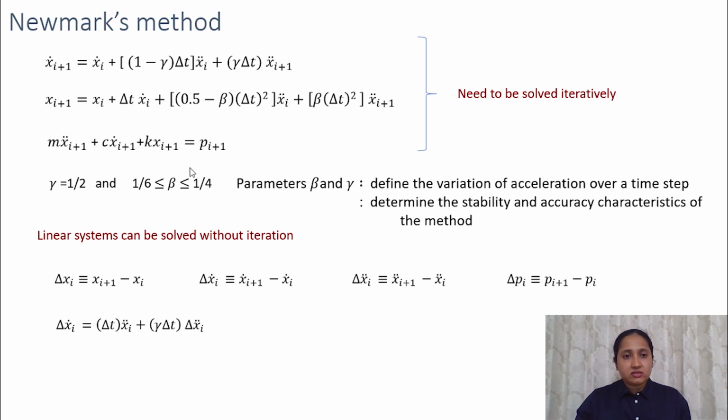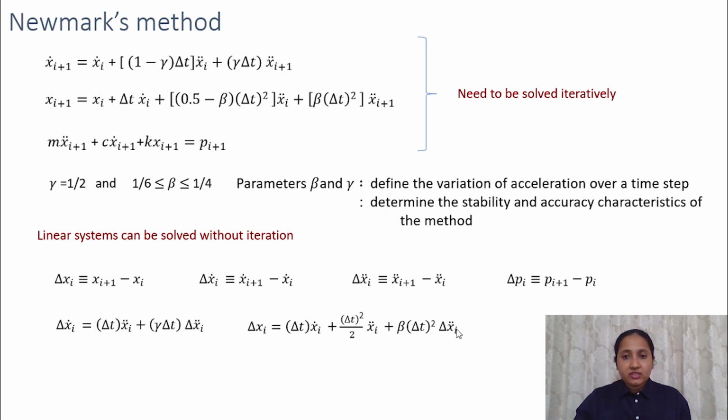If we rearrange this, we would get this. And from the second equation, we can find x i plus 1 minus x i. If you take this to the left hand side, that would become delta x i. So we can rewrite this equation as this.